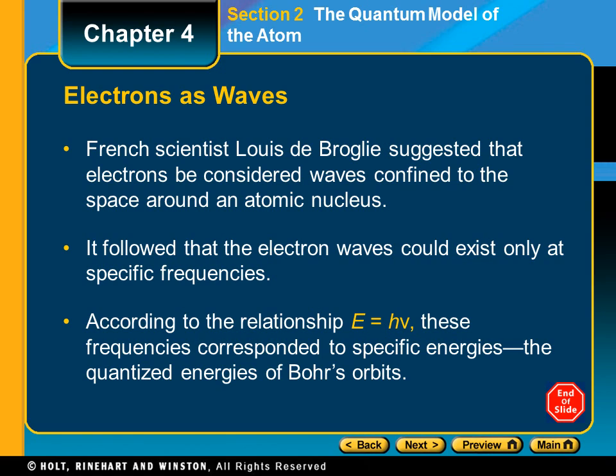Remember Bohr's experiment, he figured these quanta, and those are just measurements of energy, and what de Broglie says as well is, if we can think of these electrons as waves, then those energies must speak to where those electrons can be.